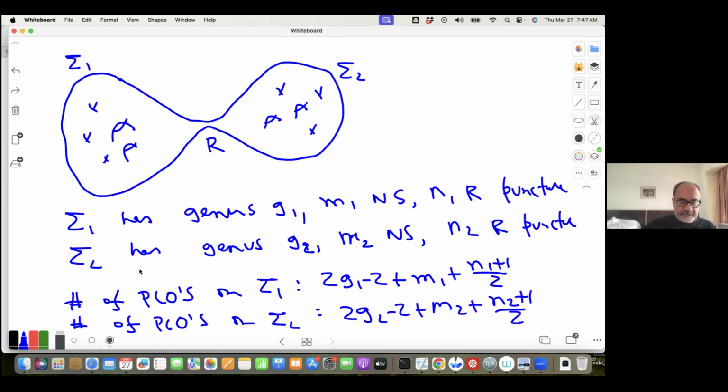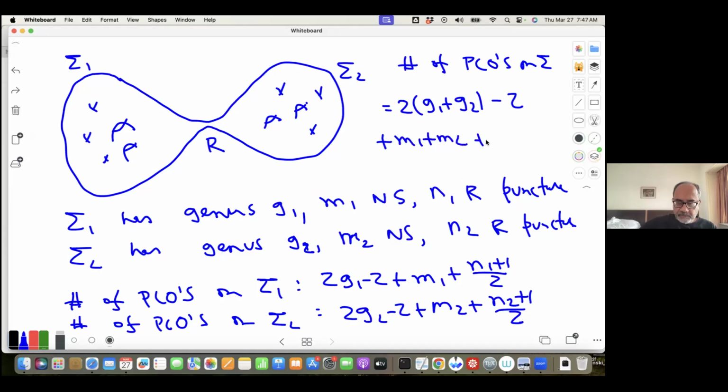Let's write down the number of PCOs on sigma, which is 2 G1 plus G2 minus 2 plus M1 plus M2 plus N1 plus N2 by 2. Is this clear?